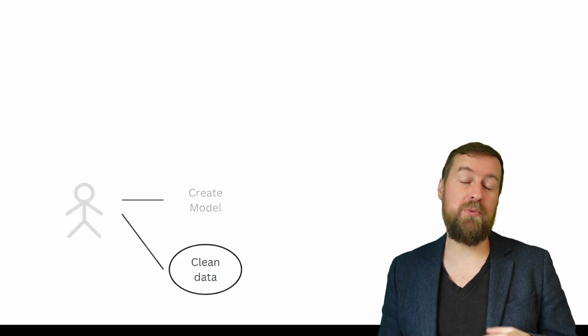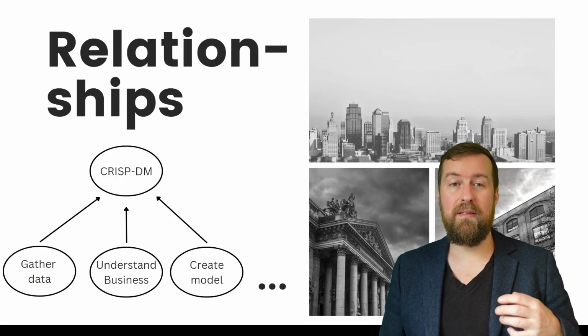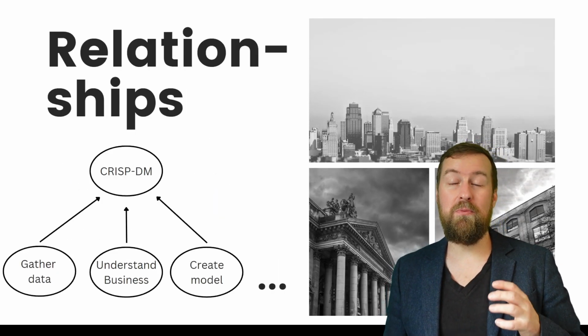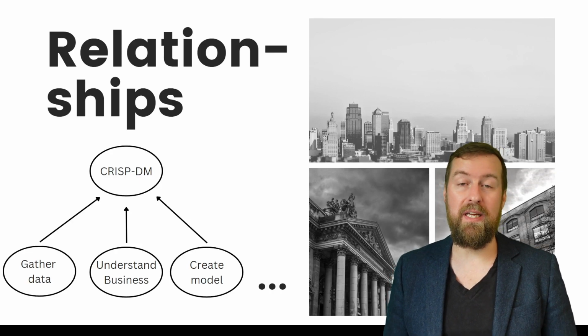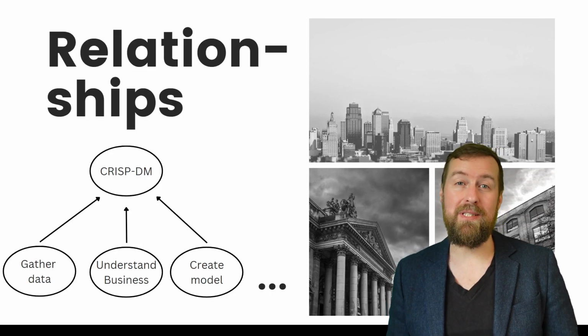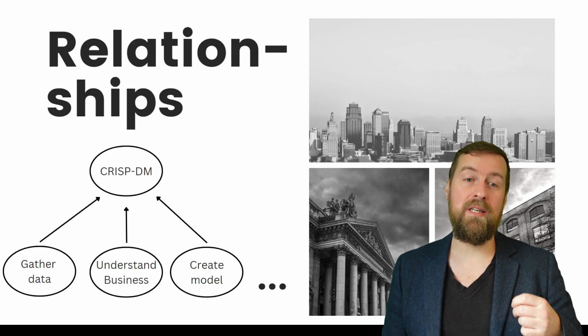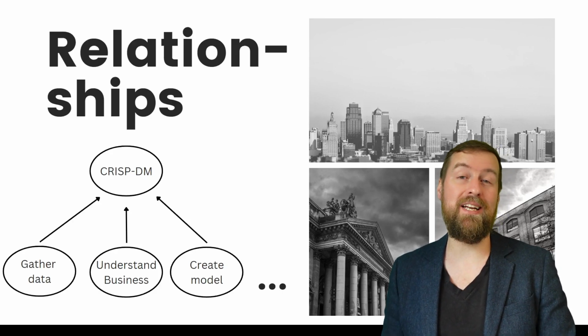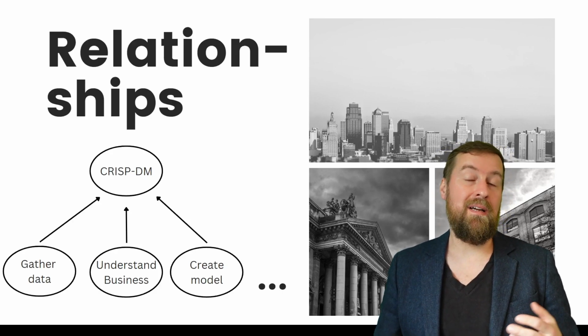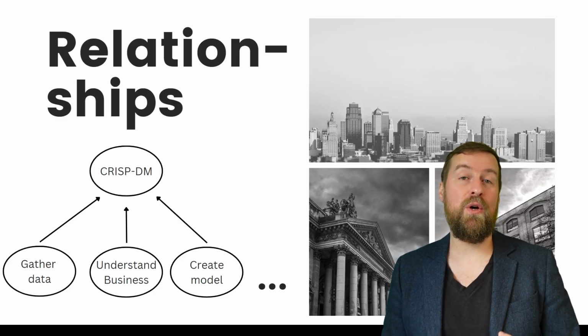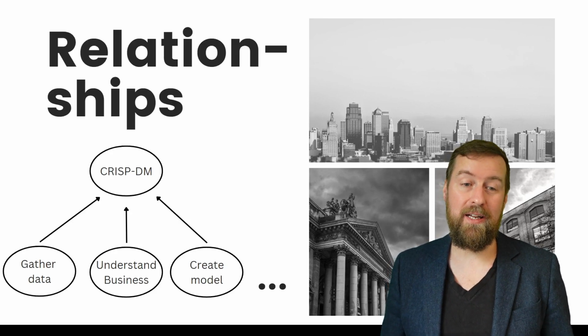If we then move on to relationships, if you've seen some of my other videos, you might have come across the CRISP-DM notation. CRISP-DM stands for Cross Industry Standard Process for Data Mining, which is a standardized process for working with data.